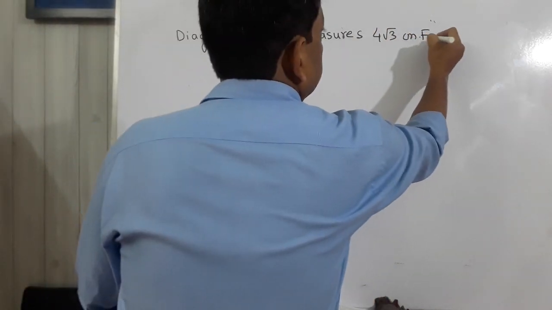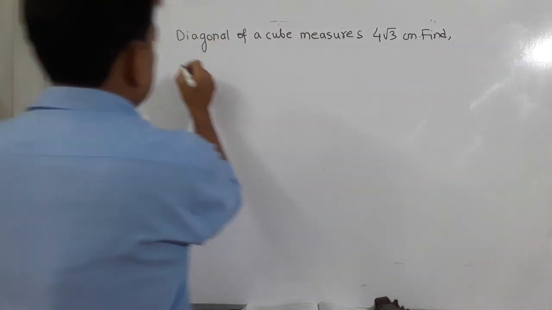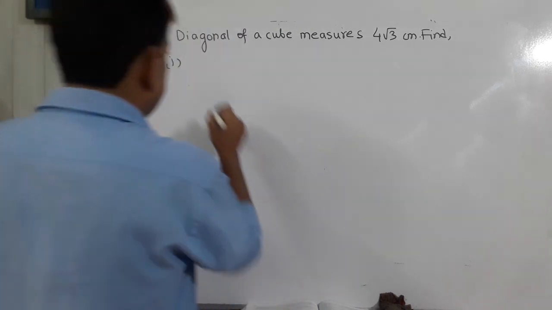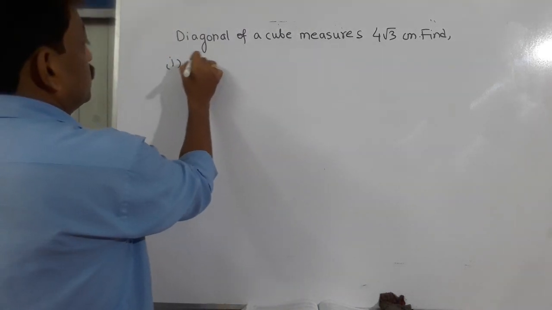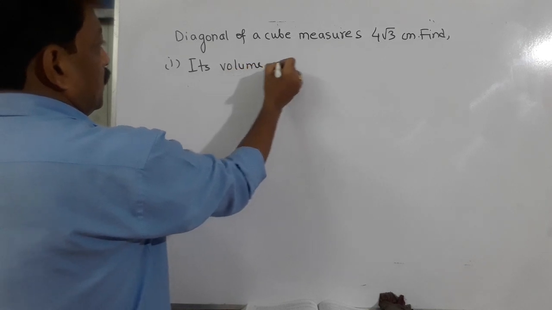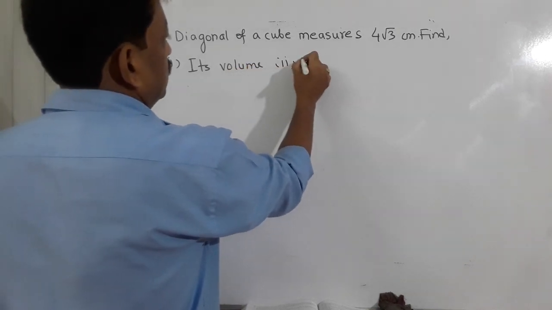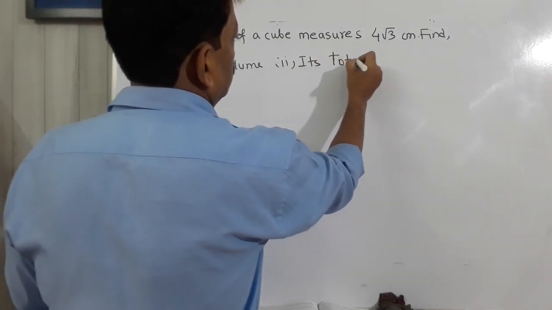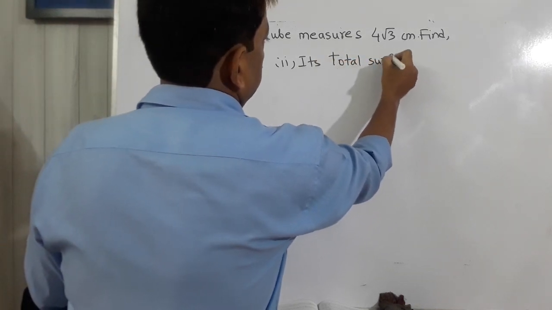Find number 1, its volume, and number 2, its total surface area.